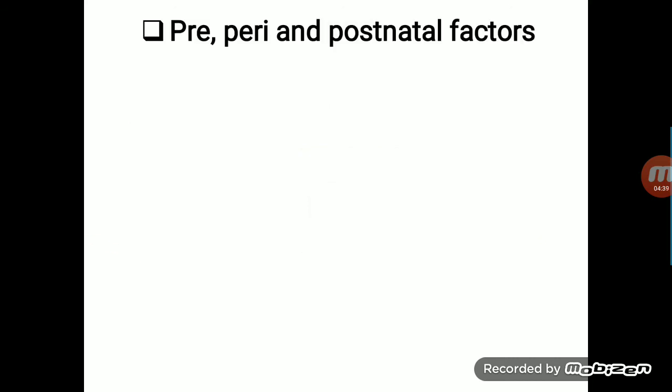Now next is prenatal, perinatal and postnatal factors. Prenatal is nothing but during pregnancy, when the baby is in the mother's womb. Perinatal is at the time of delivery, and postnatal is after delivery. So what are these factors? We will see.